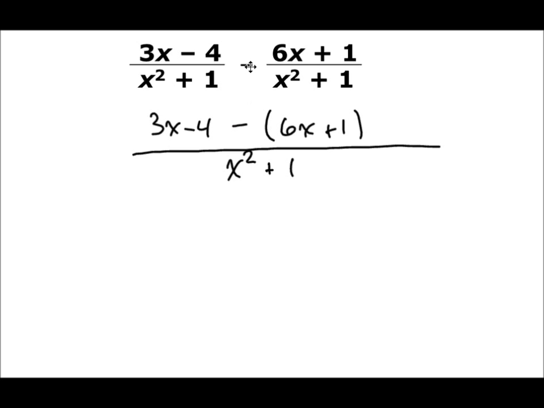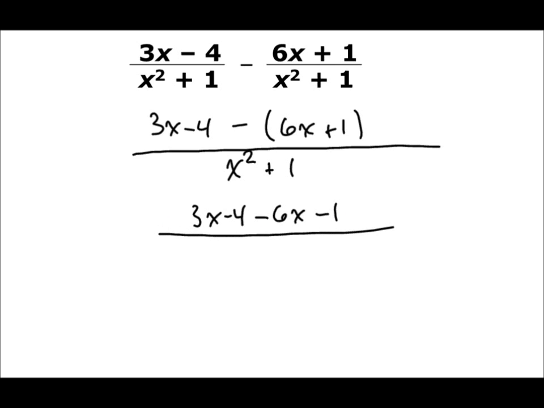So I point this out because it's not just a negative 6x, it's a negative 6 times x and a minus 1. So this negative needs to be distributed to both of these, or it's minus 1 times each. So if I write this without parentheses, this would be 3x minus 4 minus 6 times x and then minus 1.